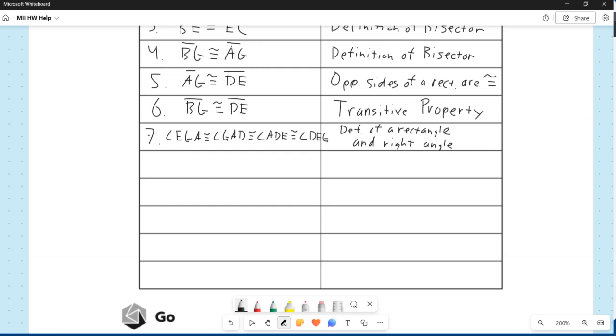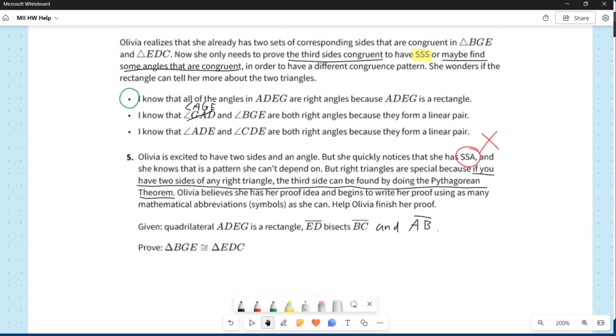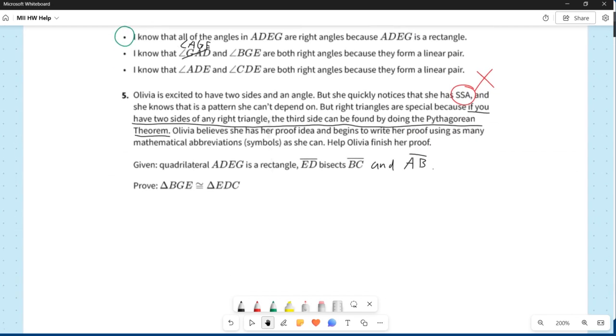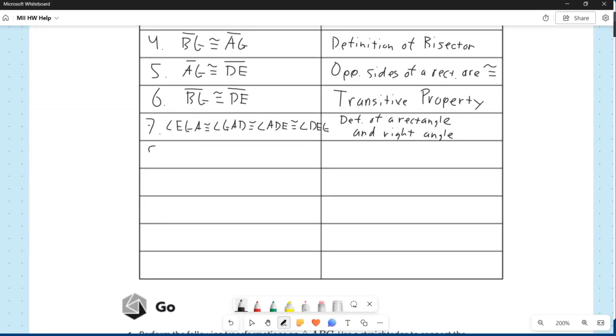All right. Again, going back to the notes. So we've accounted for that bullet point. Olivia was also able to say that I know that angle AGE and BGE are both right angles because they form a linear pair. Well, let's throw that in there. So for statement 8, we're gonna mention both pairs of linear angles.